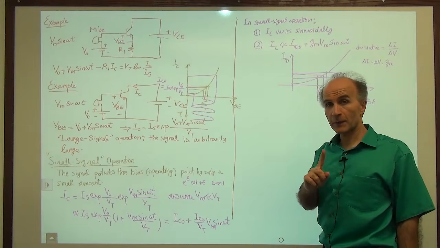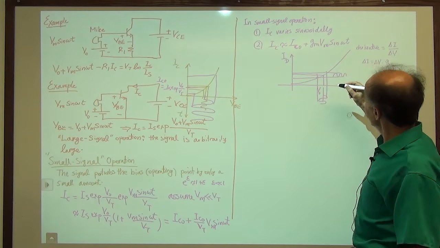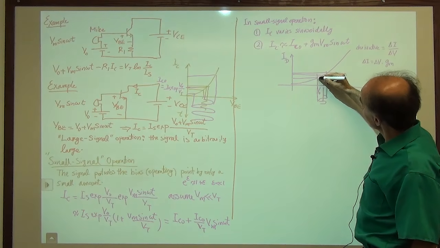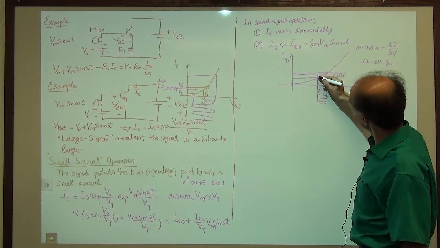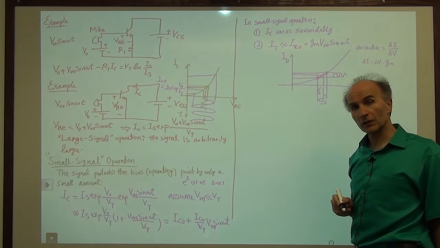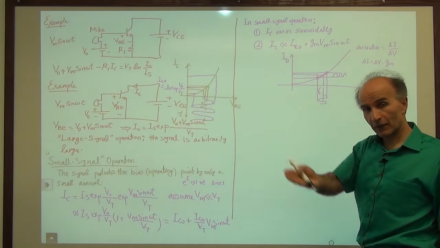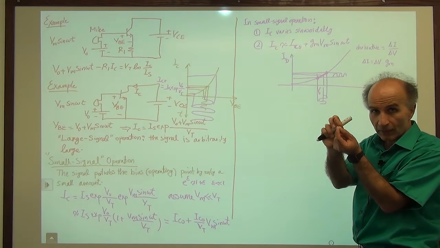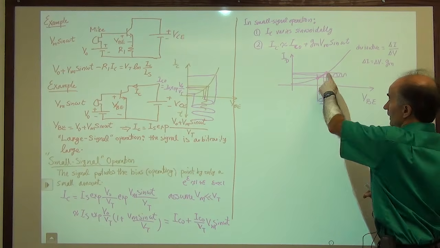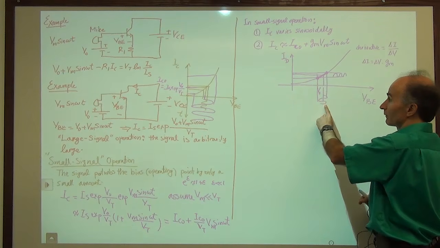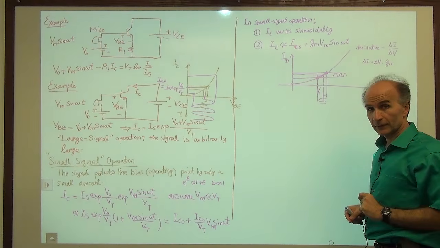And yet one more perspective before we finish. In a sense I'm assuming that the curve from here to here is a straight line, not an exponential. If we take an exponential and pick two points that are very close to each other, we can approximate that by a straight line. If we give a sinusoidal function to that straight line function, we also get a sinusoidal function at the output.